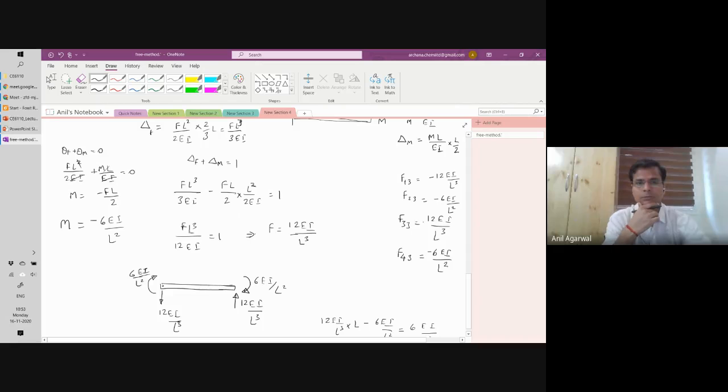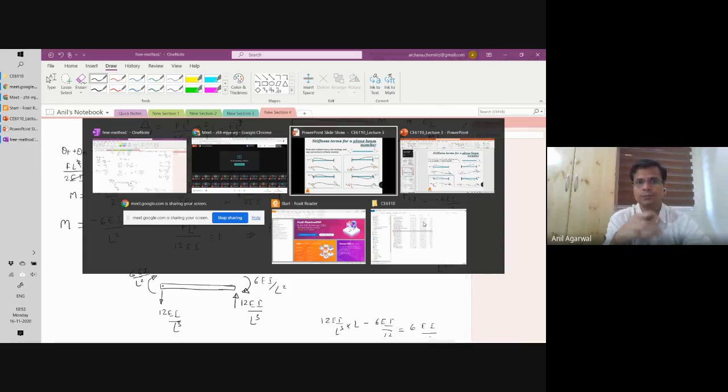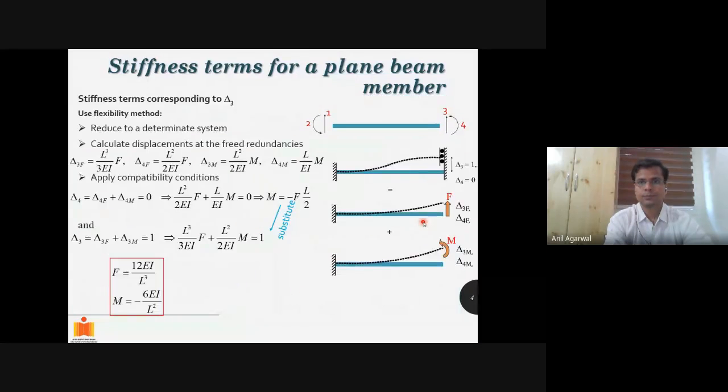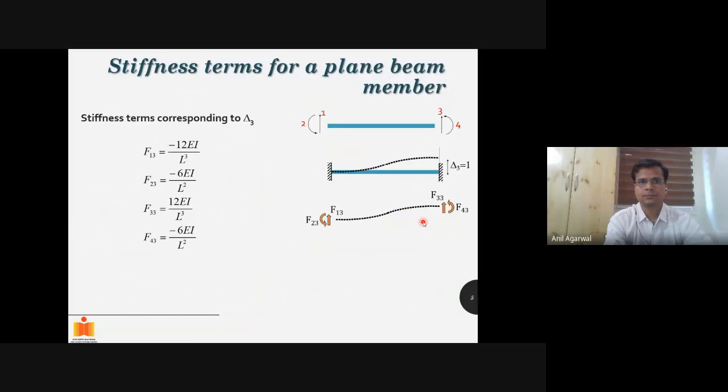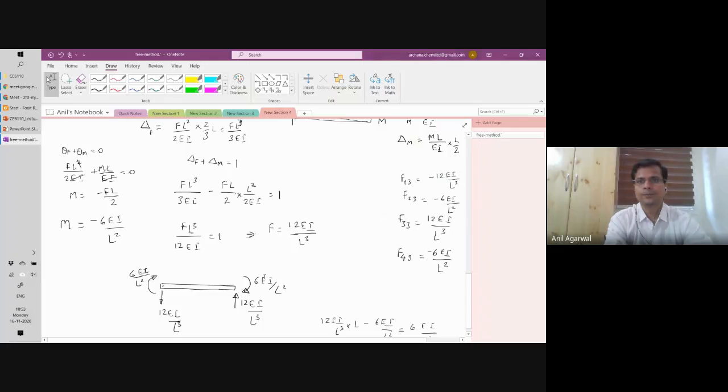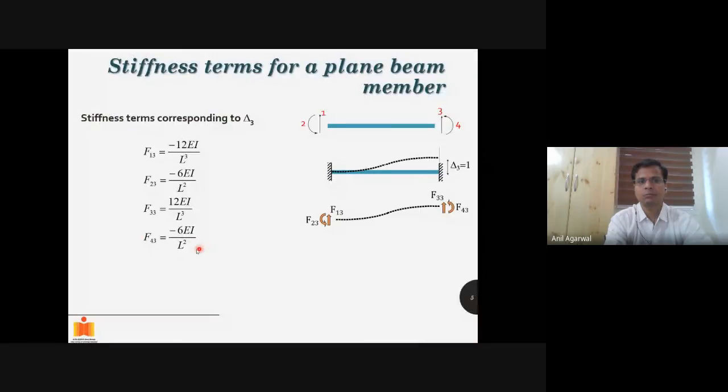Does that look good? Yeah. These are the expressions. F13 is minus 12 EI by L cube. F23 is minus 6 EI by L square. F33 is 12 EI by L cube. And F43 is minus 6 EI by L square.